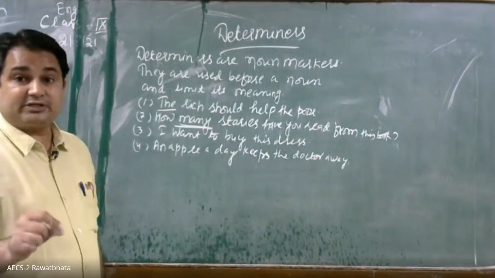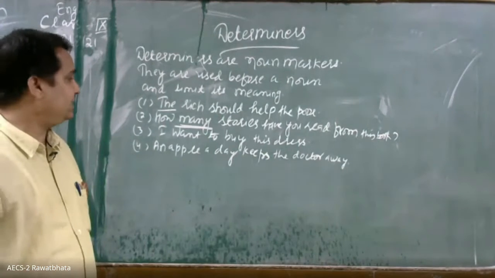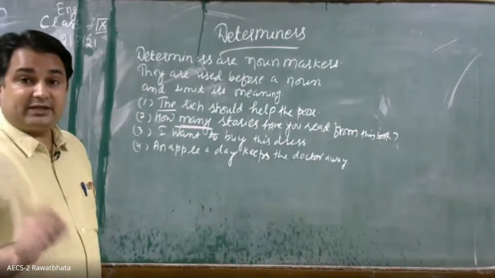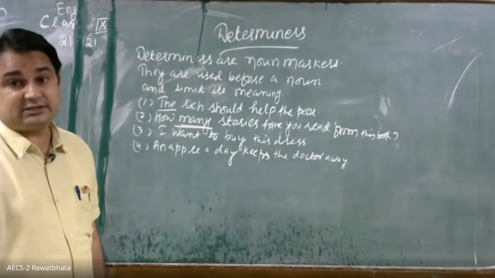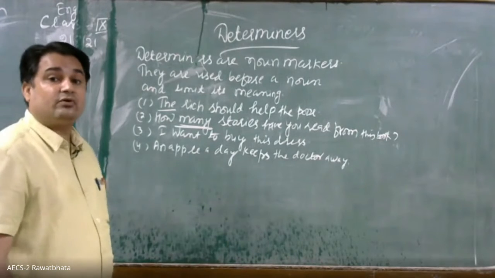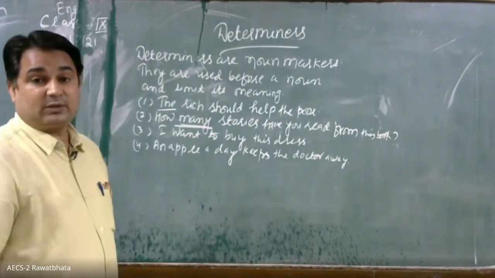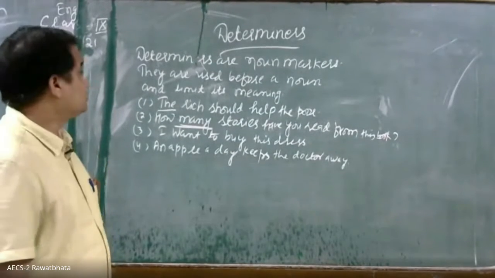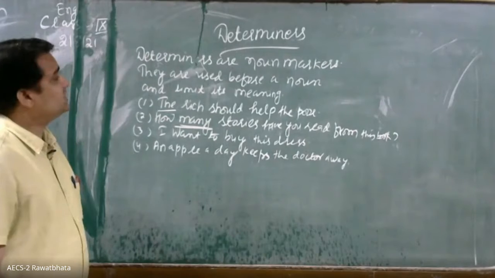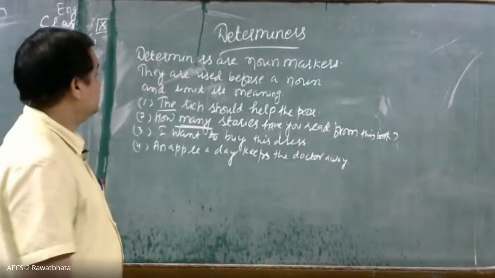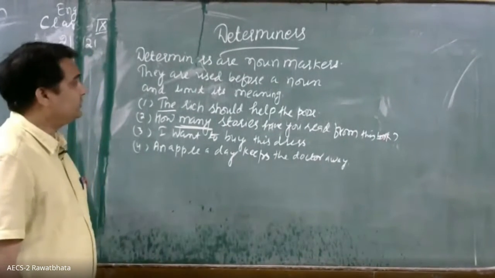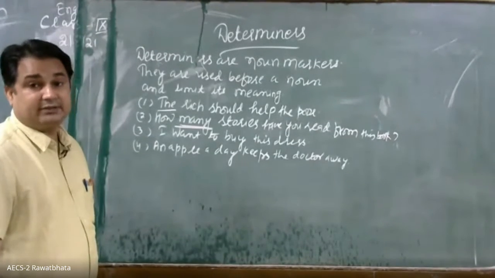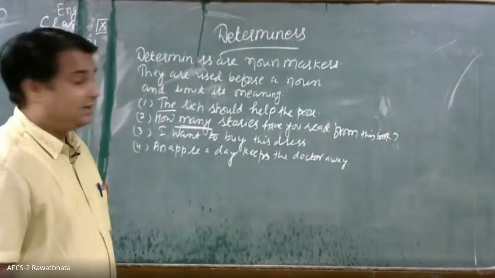Many is a determiner. It is used before a noun to limit its meaning. So determiners are noun markers. They are used before a noun and limit its meaning.